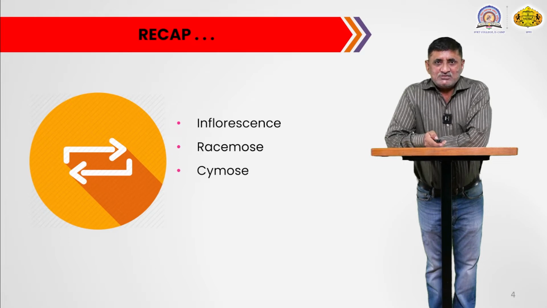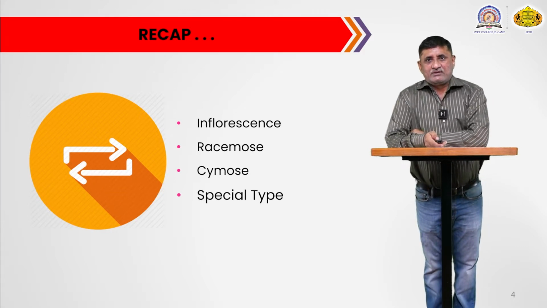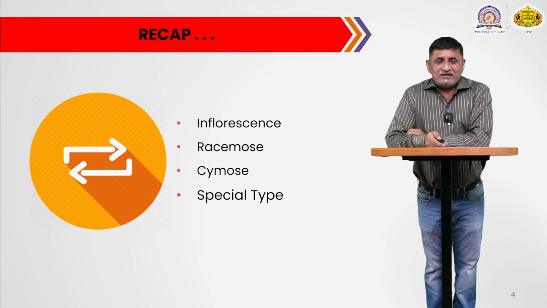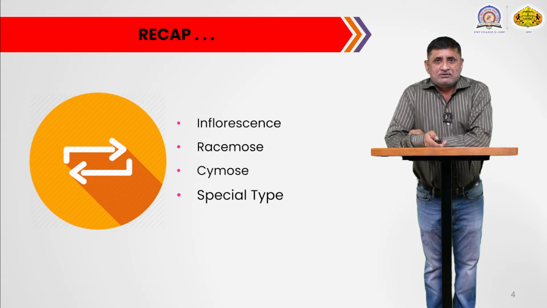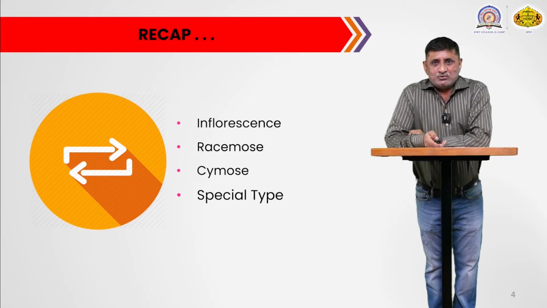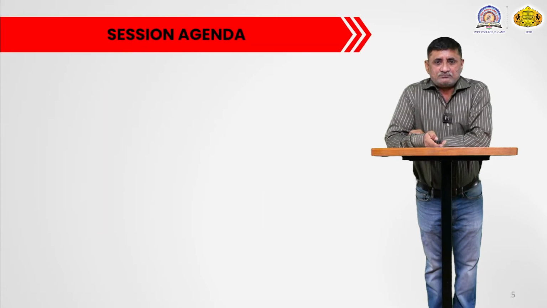Some inflorescences that are not recognized as either racemose or cymose are treated as a special type. We studied this topic in the classroom, and now in the form of video we are going to learn the study of flower.